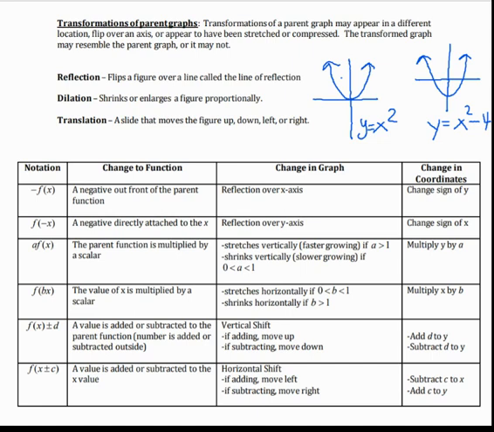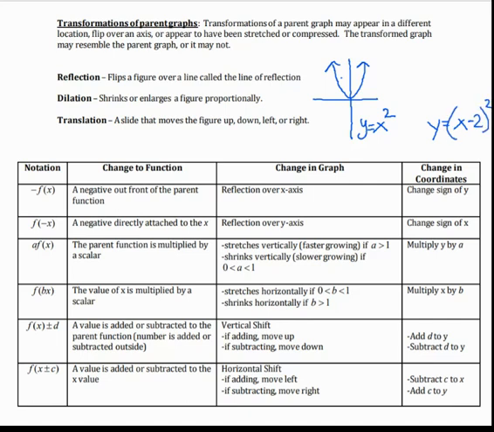Lastly, what if I add or subtract to the inside? So let's say I have, again, the parent function of y equals x squared. There it is. What if I decide to do x minus 2 all squared?